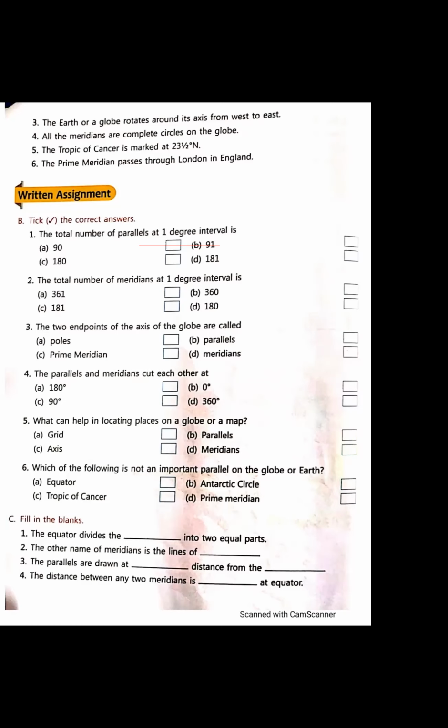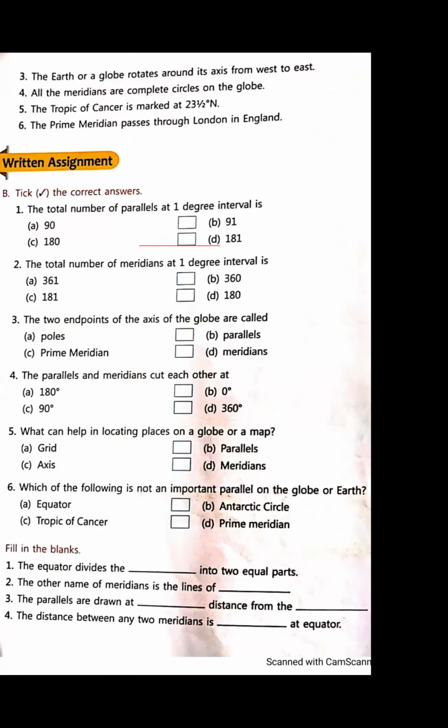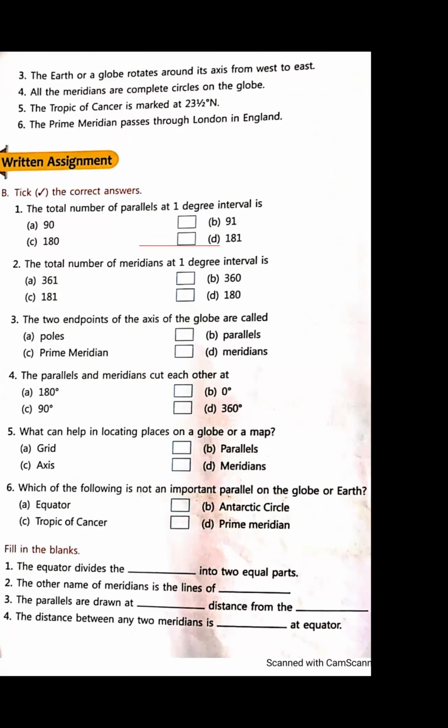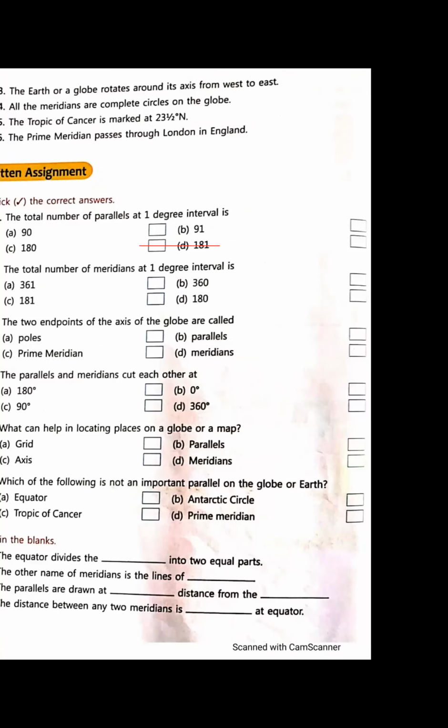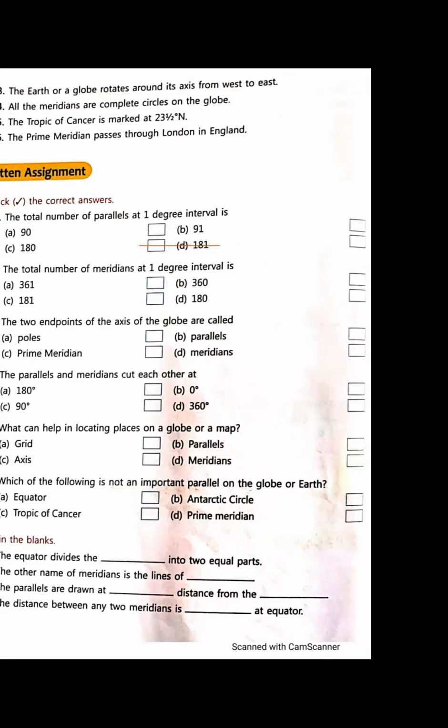Next is the total number of meridians at 1 degree interval. Options are 361, 360, 181, 180. Yes, Lavisha?